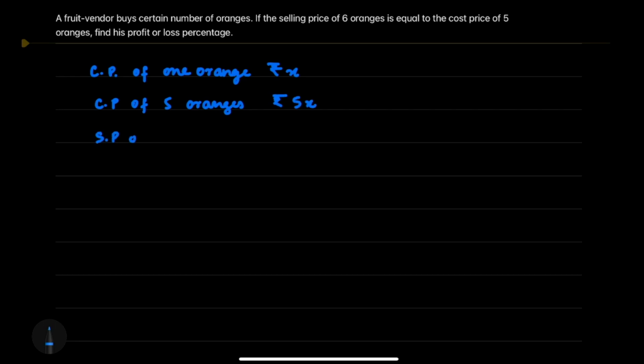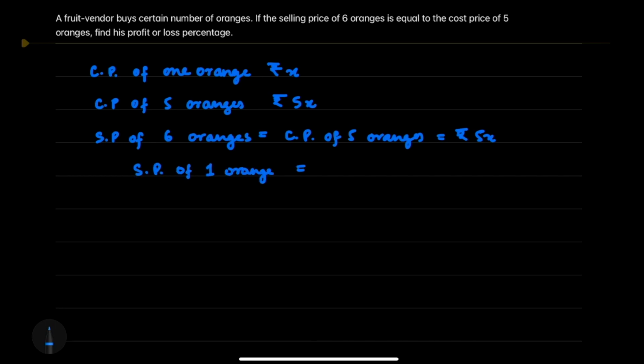Selling price of 6 oranges has been said to be equal to the cost price of 5 oranges, which is equal to 5x. So selling price of 1 orange would be 5x divided by 6.